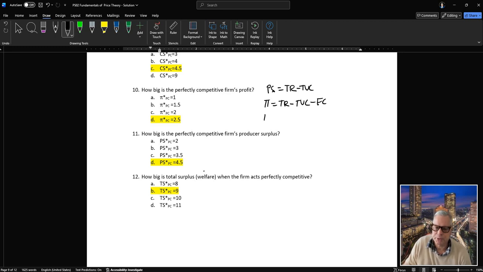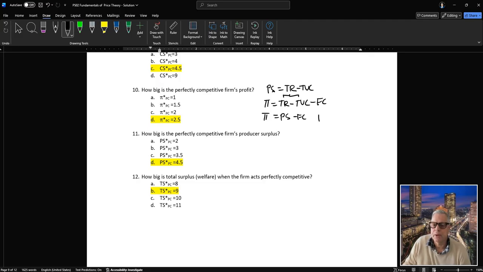So in other words, we can also write profit as producer surplus, because this is producer surplus here, minus fixed cost.